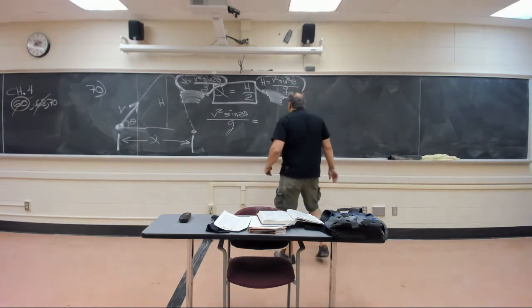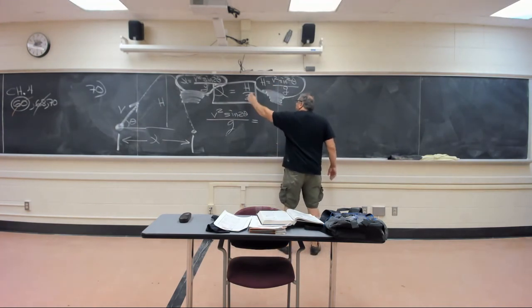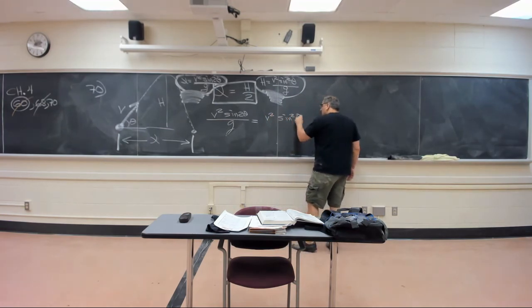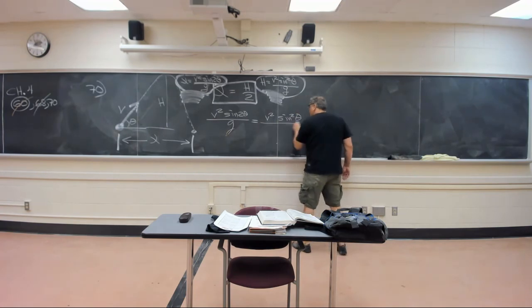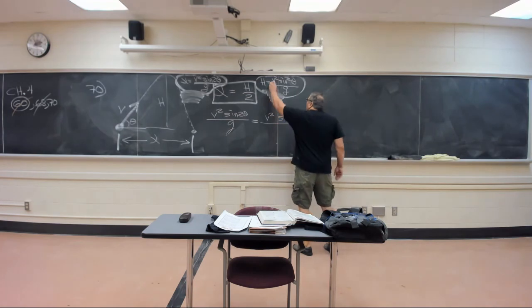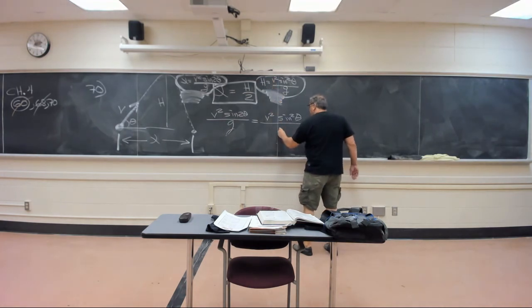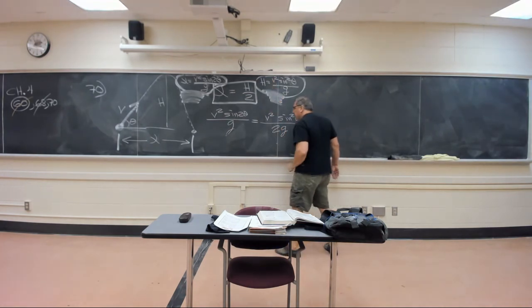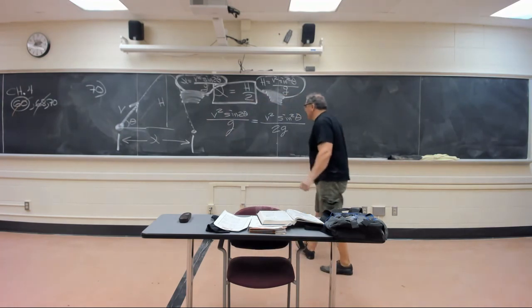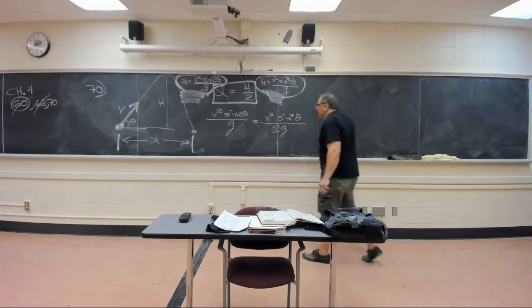This right here is all of h over 2. This whole thing divided by 2 puts a 2g on the bottom. This is the crux of the whole problem right there. This is what's going to make it happen.